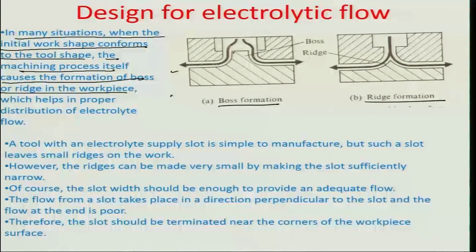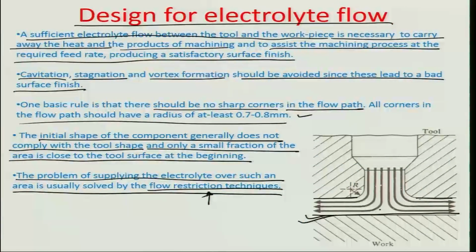So you can think of it from case 1 in the previous figure, where the electrolyte is flown in a direction perpendicular to the tool axial center and away from the tool axial center into the outward direction, there is a separation of the two flow streams because these gaps between the workpiece and the tool on both sides are very small.